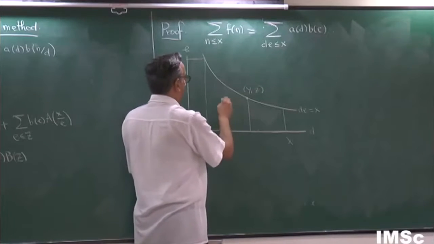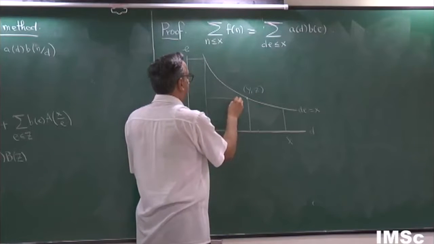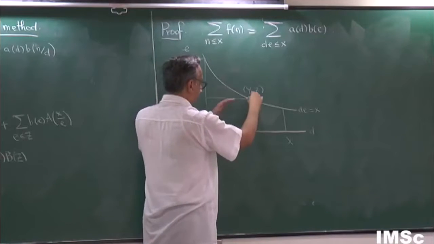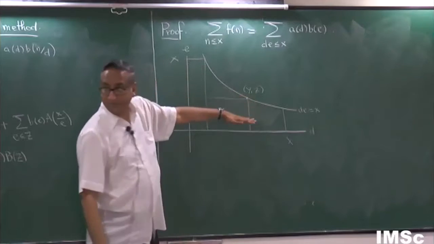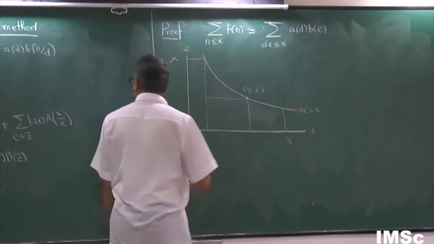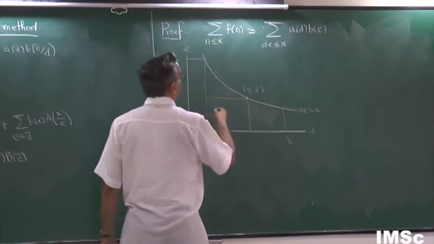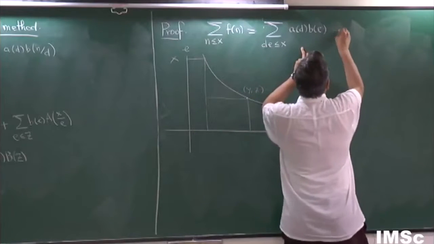And all the lattice points with e less than z appear underneath here. So in doing this, I can do the following.